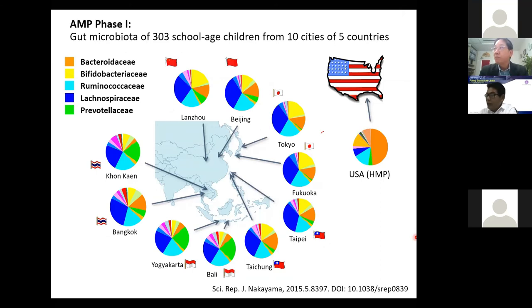We investigated children living in 10 cities from 5 countries. Each country gave us children's samples from 2 cities: one located on the urban side, and the other in the countryside.